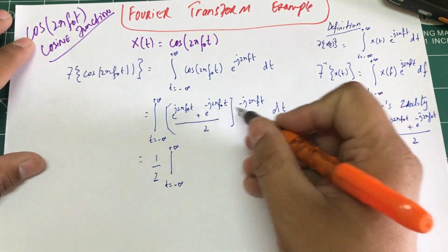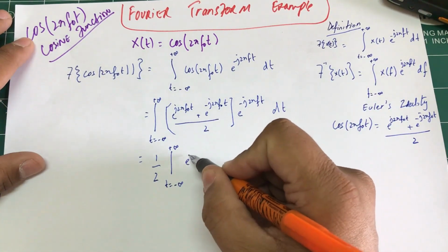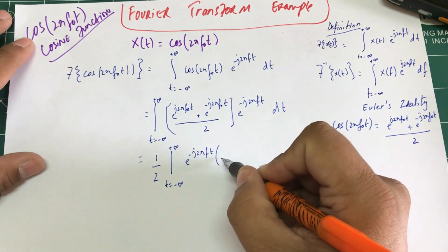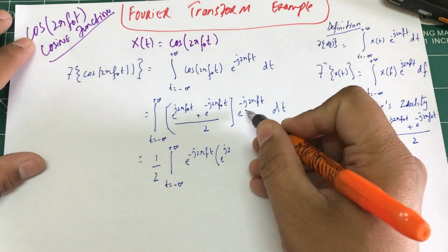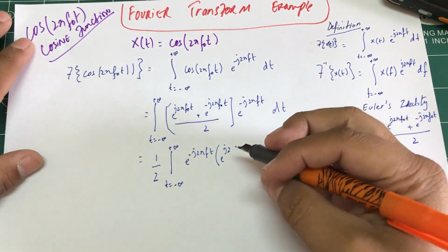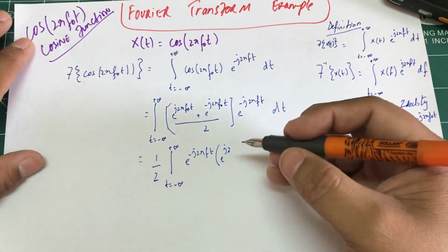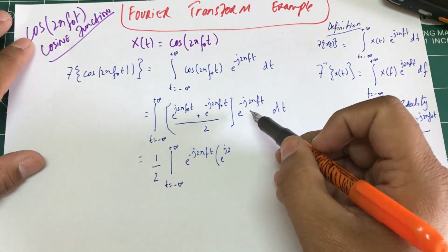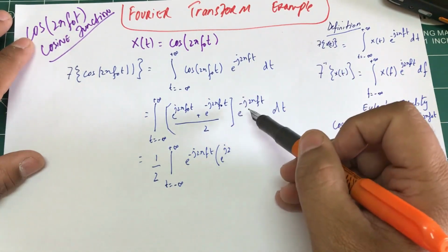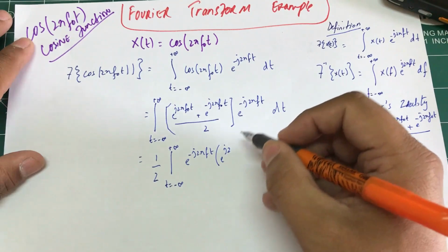So this is just going to be a multiple of this. So this is going to be e to the negative j 2 pi ft multiplied by e to the j 2 pi f naught t. This is being distributed. So I'm multiplying this by this and this by this.